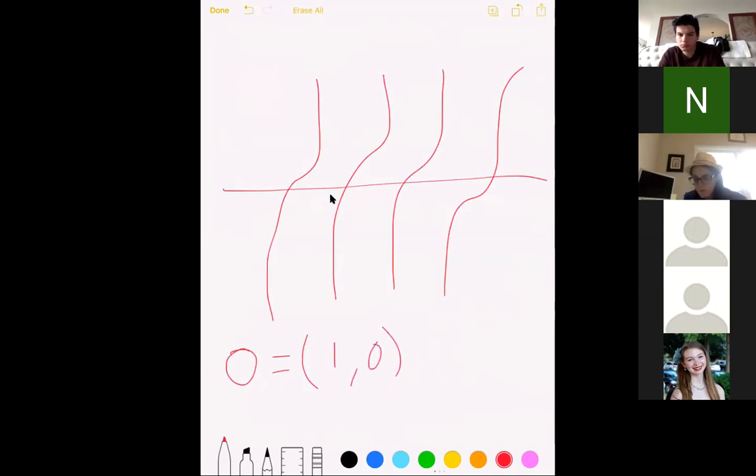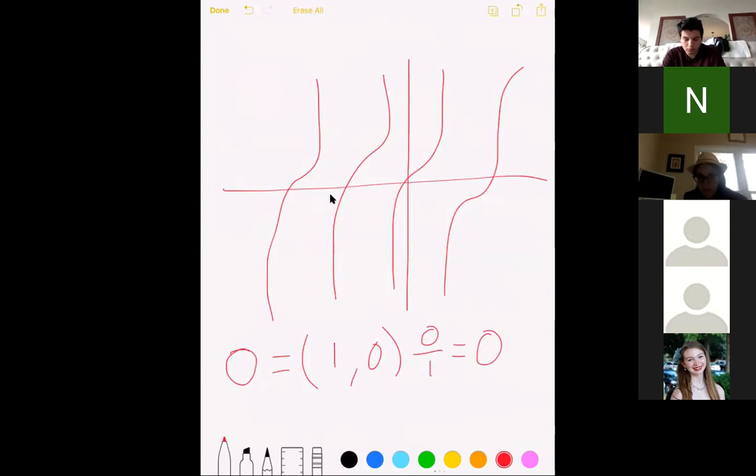So if we do sine divided by cosine, it would be 0 divided by 1, which is 0. So like this. Or well, sorry, like this.